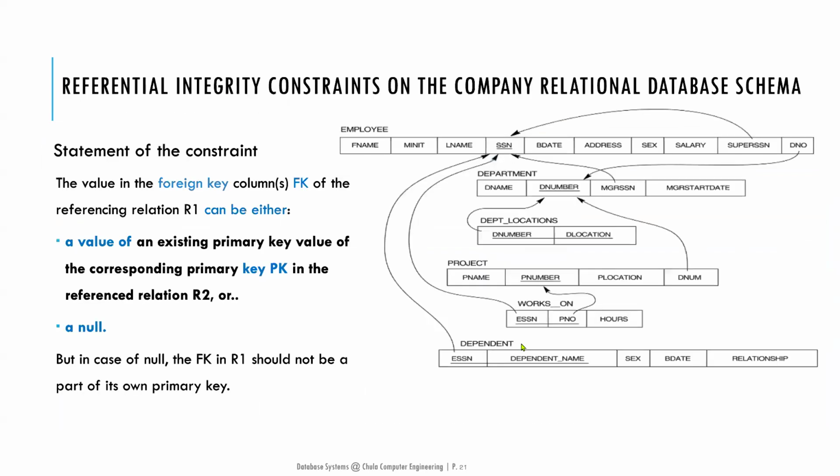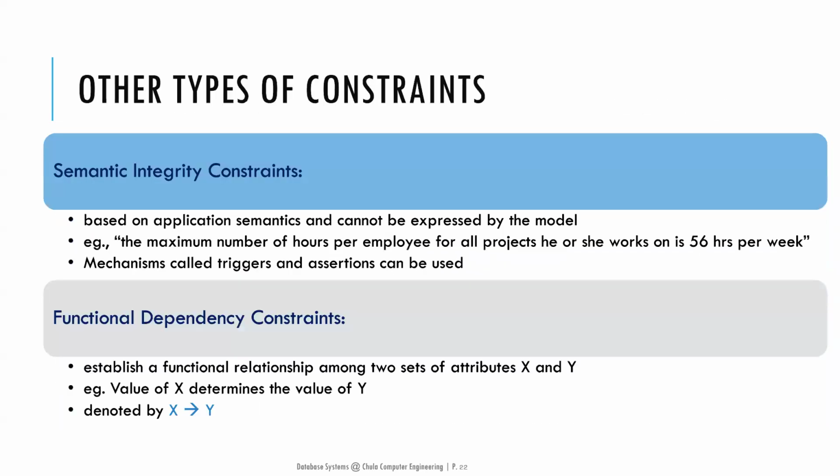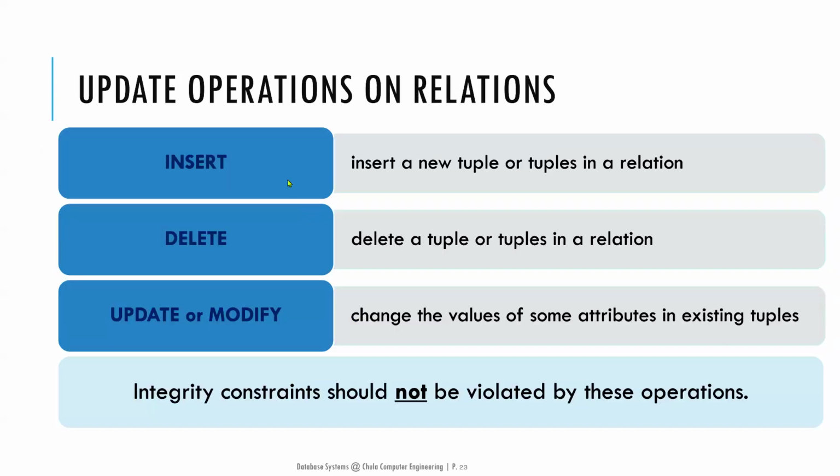So let's take a look again. If you insert a new tuple into the database, you will violate the integrity constraint if the primary key is null when you insert, so it would not allow that to happen. Or when you delete data and say, well, I'm going to delete the primary key, that is not possible because it would violate the integrity constraint.